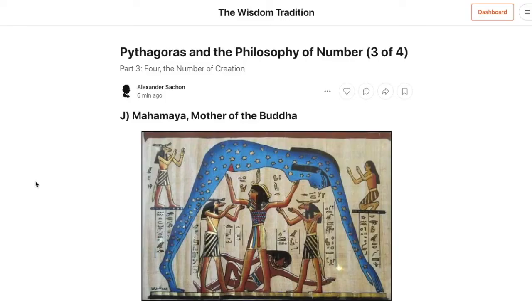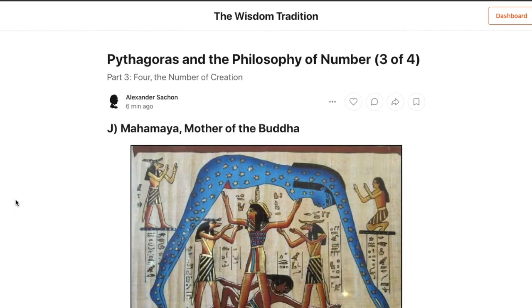By the way, in the article version of this, if you go check out my Substack, there's lots of visuals. For each subsection, I try to have a new and appropriate visual. Rather than Mahamaya from the Buddhist tradition, which I'm referencing in the title, I have the equivalent concept from ancient Egyptian religious mythology, with their goddess Nut, spelled N-U-T.